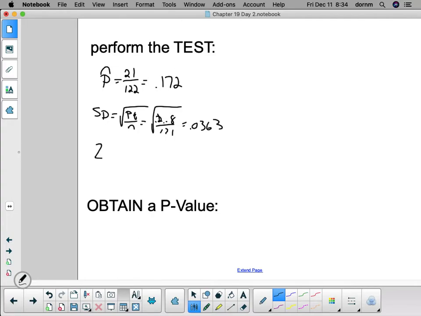So now I can calculate a z-score equals 0.172 minus 0.20 divided by 0.0363, which is negative 0.771.